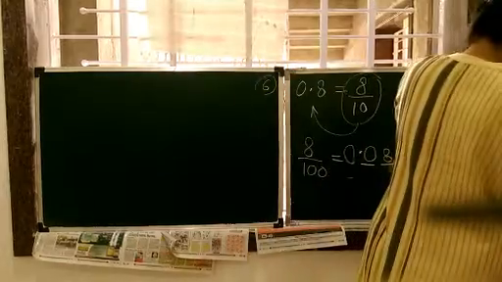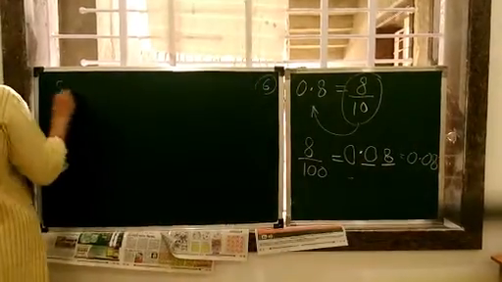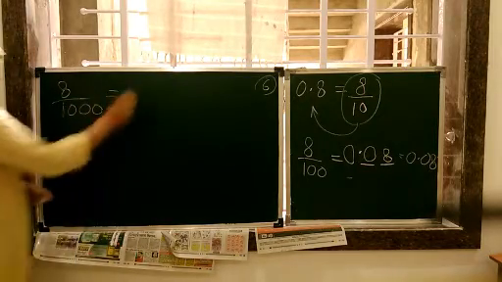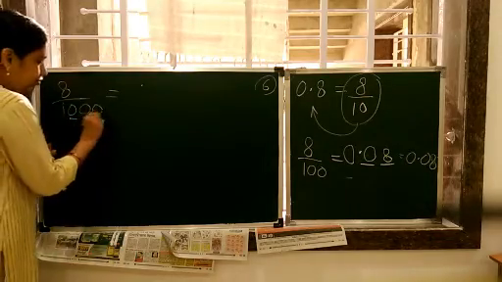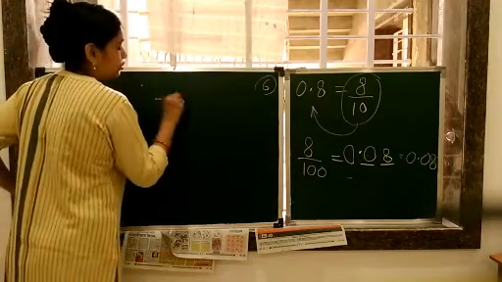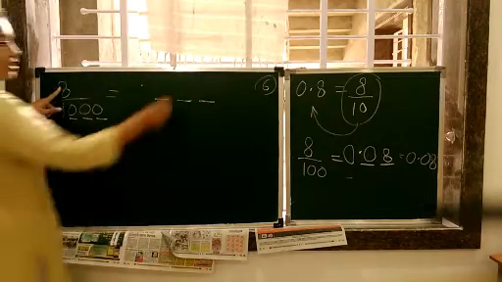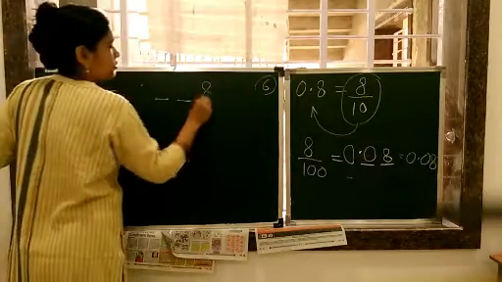Similarly, children, if it is 8 by 1000, that means after the decimal, how many places? 1, 2, 3. So 1, 2, 3. Now this 8 will come in which place? First place from the right.